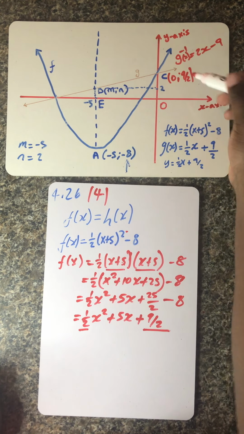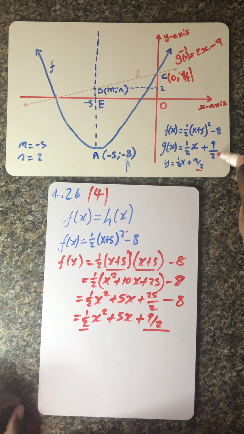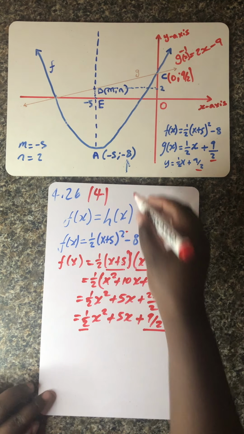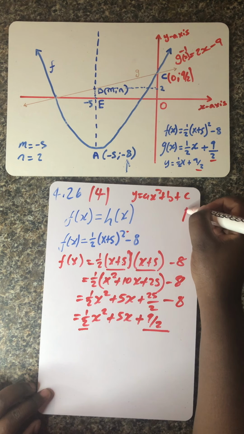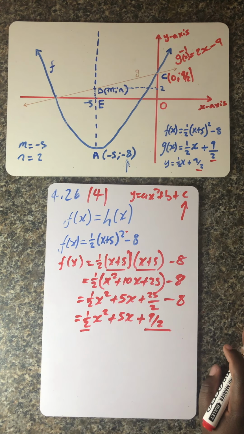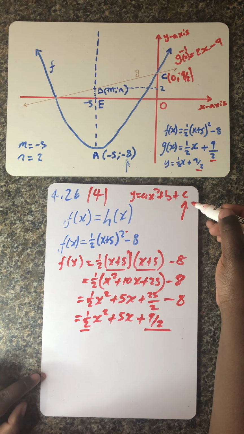Okay, so at that point where these two graphs intersect, they must have the same y value. There is the y value of the graph of g, and when you write this in that standard form of y equals ax squared plus bx plus c, we know c refers to the y-intercept. That's why I was saying if this equation is given in that form, and for some reason they ask you to give the range of the graph, don't use this value of c, because the value of c only refers to the y-intercept.